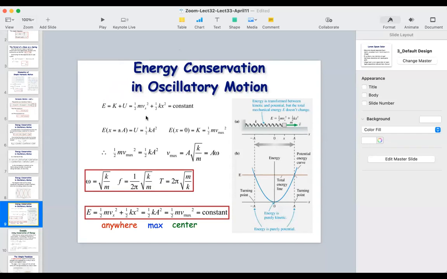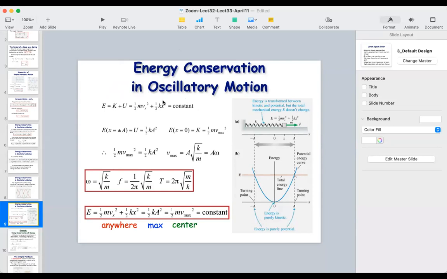Anyway, E is equal to K plus U, which is equal to 1/2 m (dx/dt) squared plus 1/2 k x squared. And we just showed before that it is constant. So this is kinetic and this is the potential.